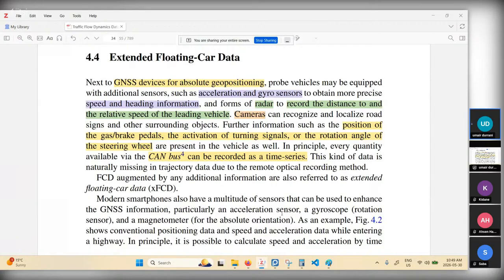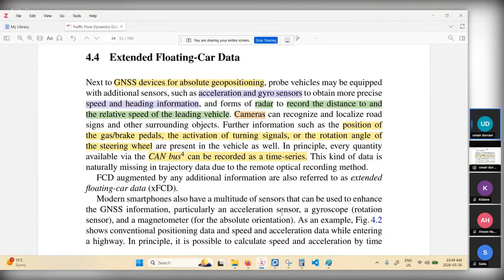So far, the data that we are getting from floating car is just time-stamped geopositioning. But if we want to extend it, we can also get data from the vehicle, from its acceleration and gyro sensors that will give us information about what is the vehicle speed and where it is headed to.